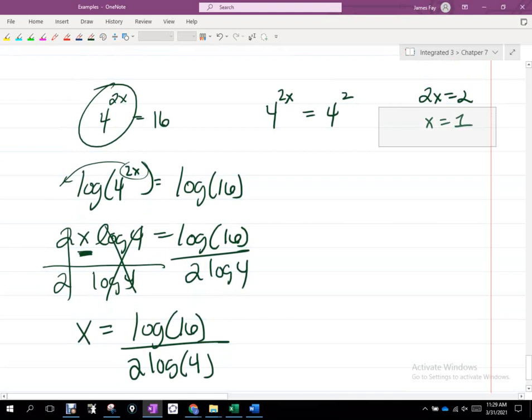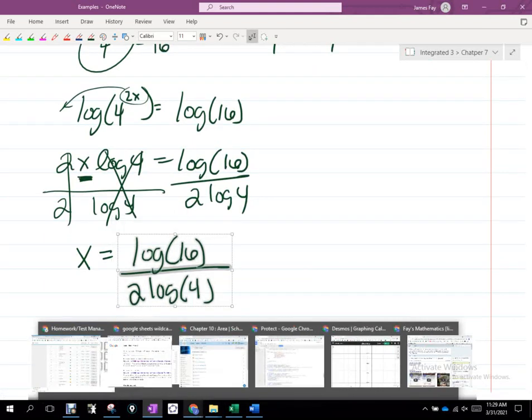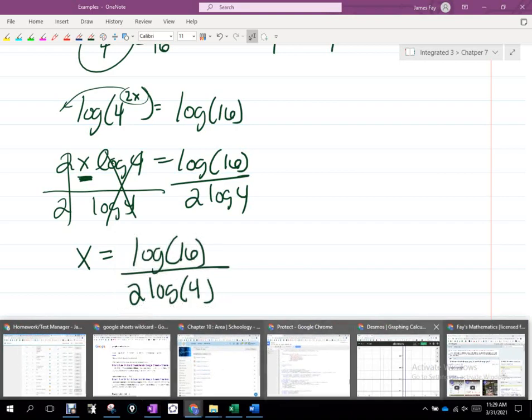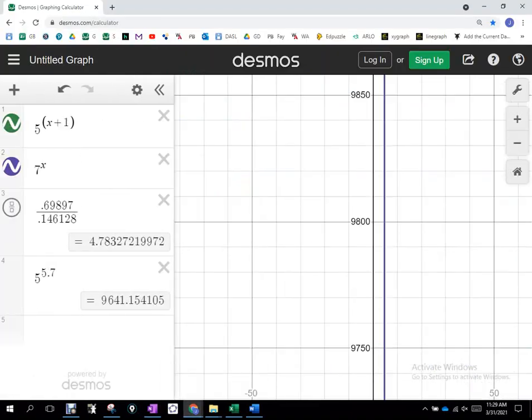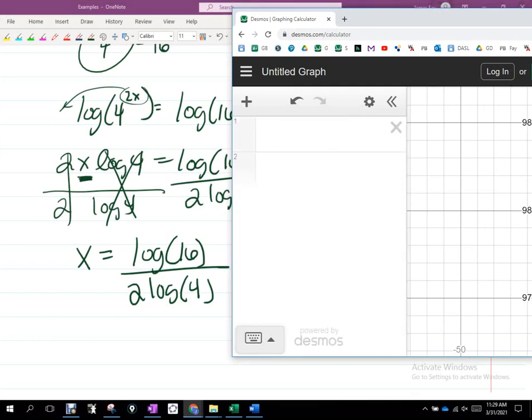This technique told me 1, right? Anybody know what that number right there is? That number is 1. If we type that into our calculator, this would be the easiest way. We could use some properties to manipulate this and see that as 1, but I don't want to get into that.